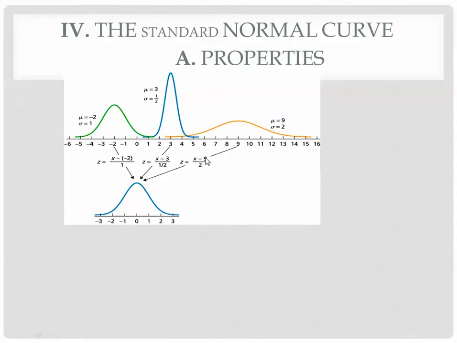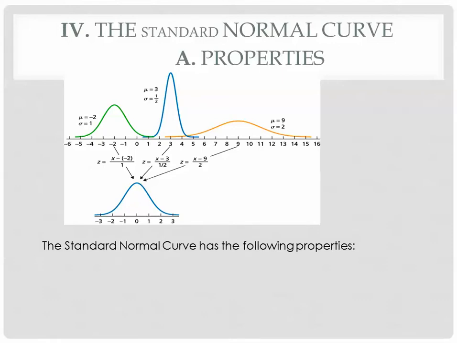And these z's up here and the arrows, that'll all be explained as we go further on. But basically, the concept that I want you to get now is that we can take any normal curve and we can see where we are analogously on the standard normal curve. We can do what we call standardizing it. And that helps us to find the probabilities in different intervals.